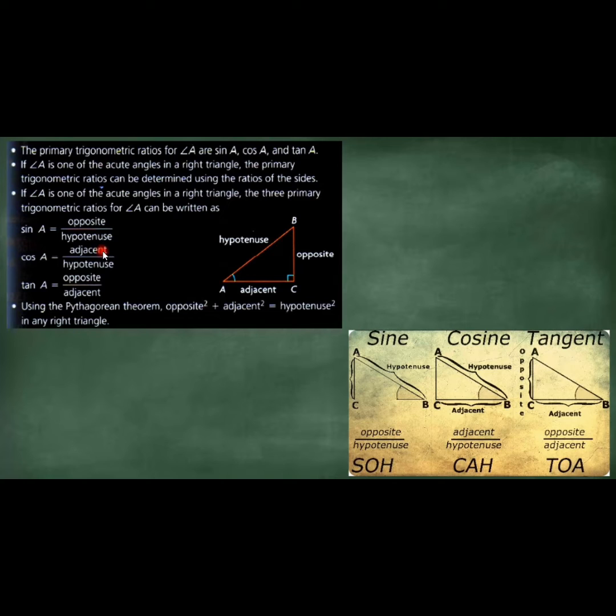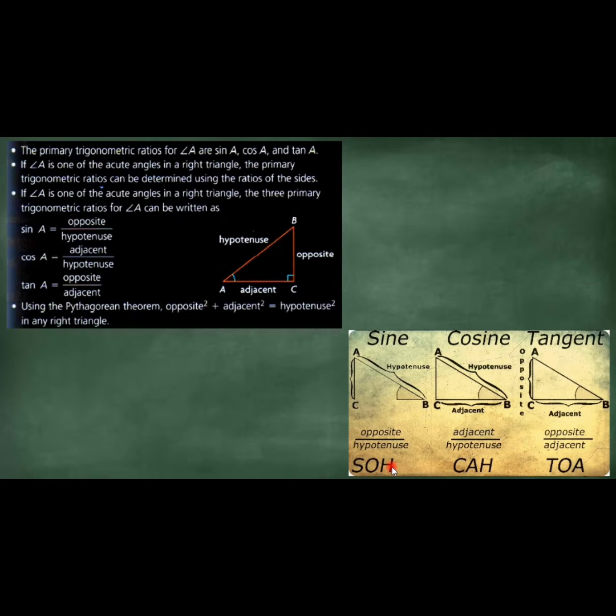These three ratios we call the primary trigonometric ratios. These are basic ratios. In order to easily remember the sine, cosine, and tangent ratios, we have SOH CAH TOA. SOH stands for sine equals opposite over hypotenuse.